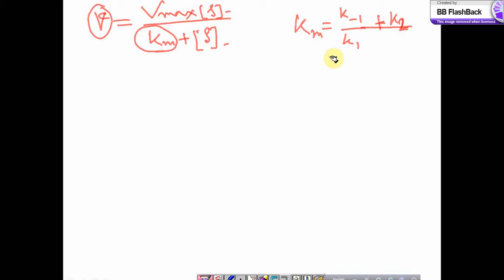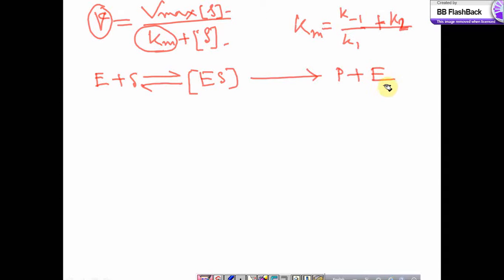Now in the equation, the enzyme plus substrate can undergo this bidirectional reaction and form the ES complex, and it will then form the product, plus it will release the pure enzyme that will again come back and go for the next cycle of the reaction.